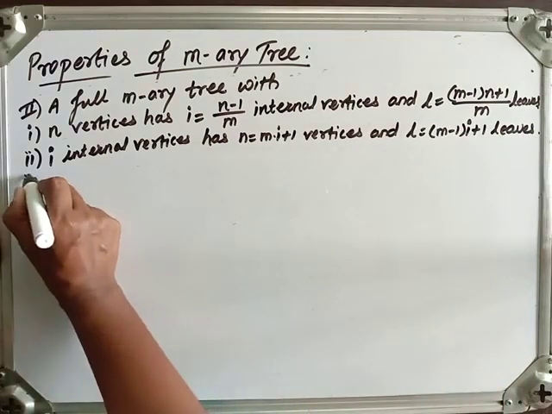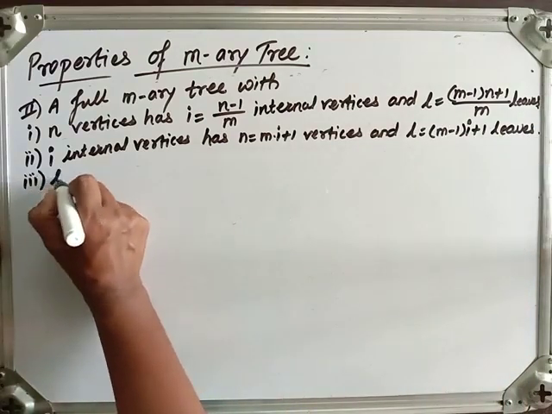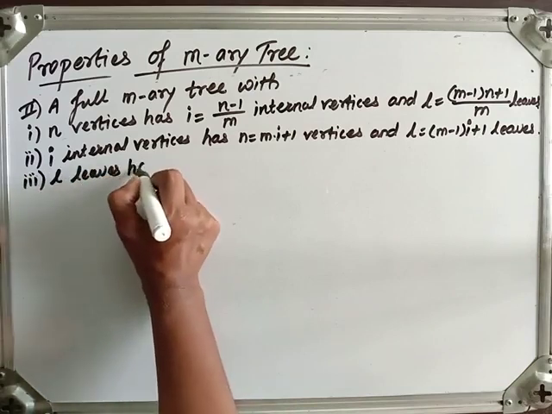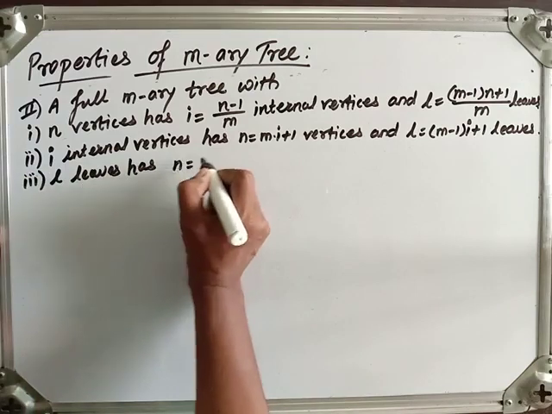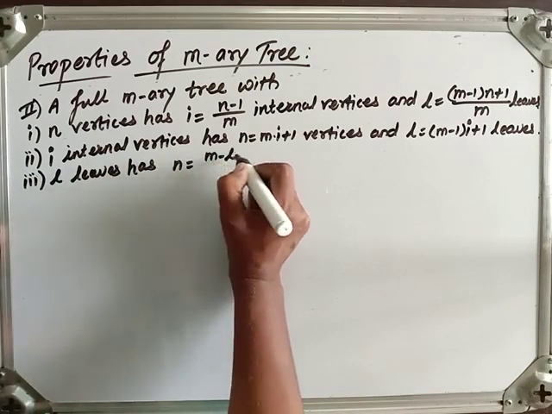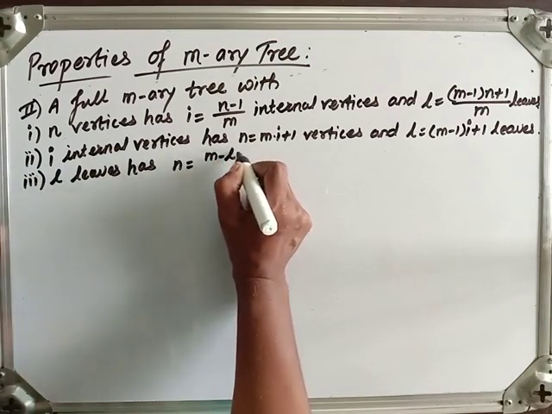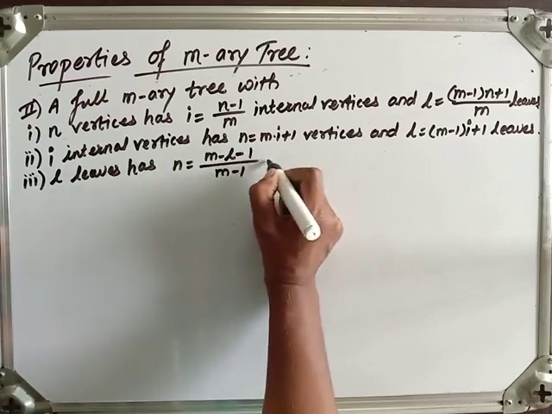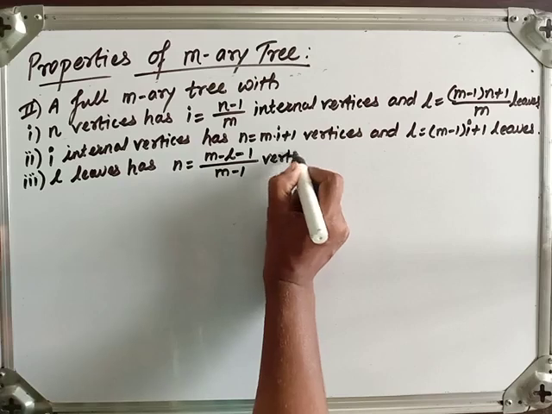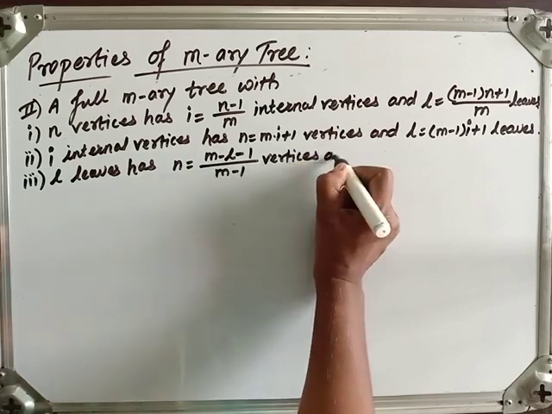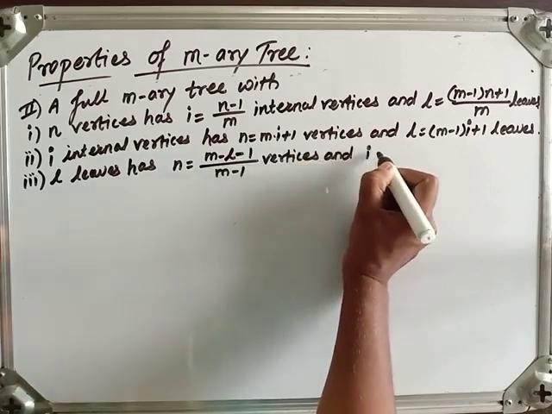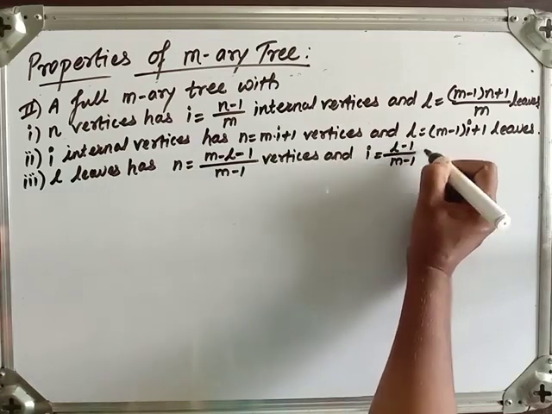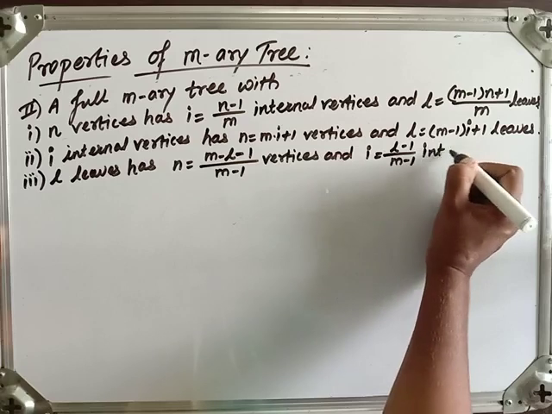Then next one, L leaves has n equal to m L minus 1 upon m minus 1 vertices and I equal to L minus 1 upon m minus 1 internal vertices.